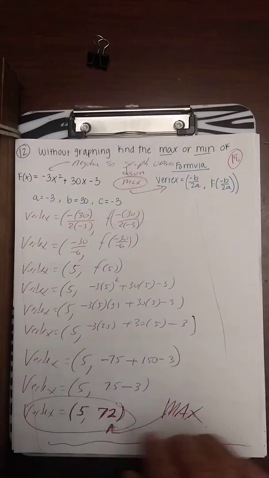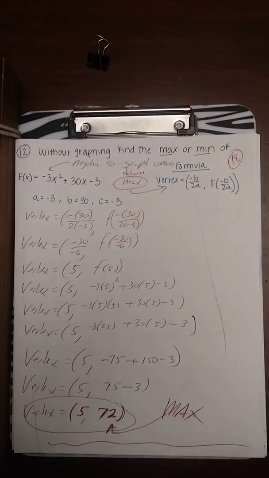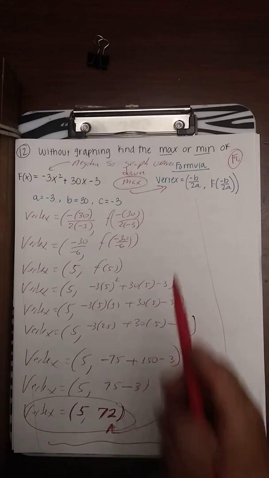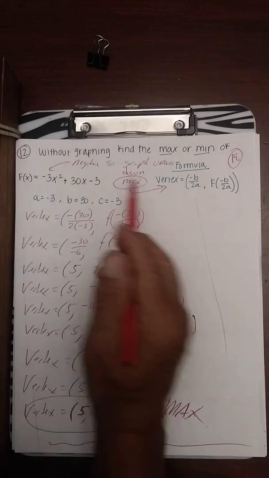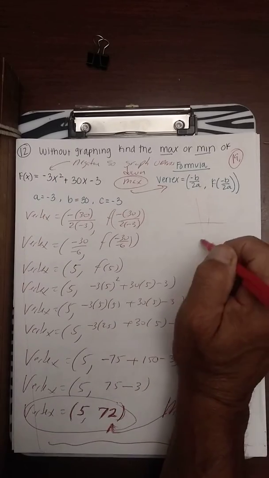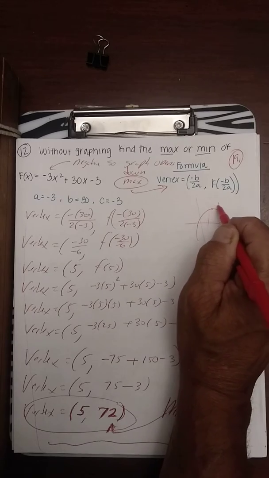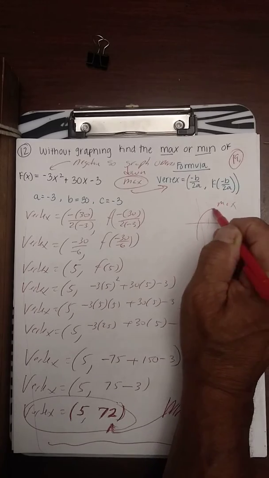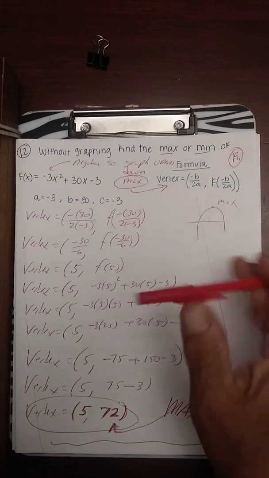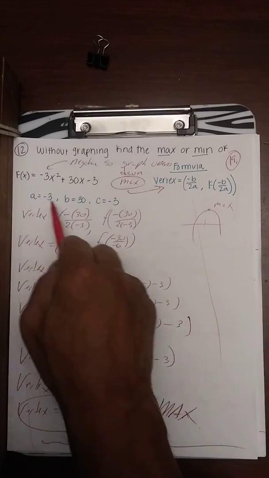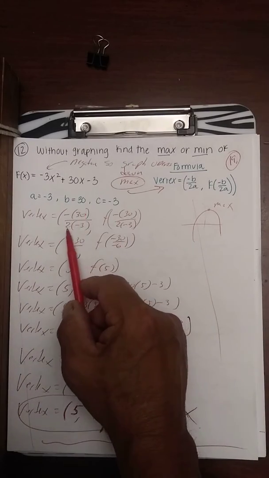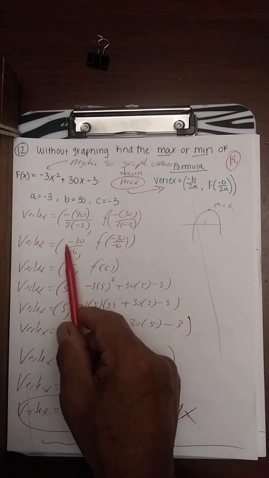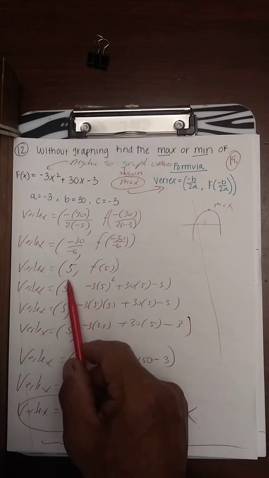Alright, without graphing this time. Okay, so we don't need this. So, vertex. If this is negative, that means the graph opens down. That means the graph goes something like this, upside down. So this is a max. Now, the vertex, this is that spot right there. Put the numbers in, A, B, C. Negative of 30 over 2 times negative 3. Same thing, so negative 30 over negative 6. It's a positive 5.